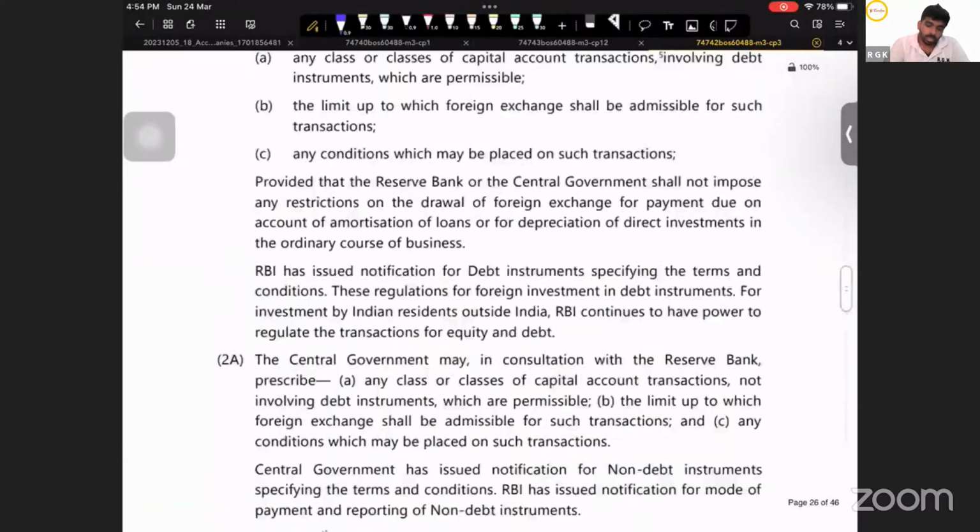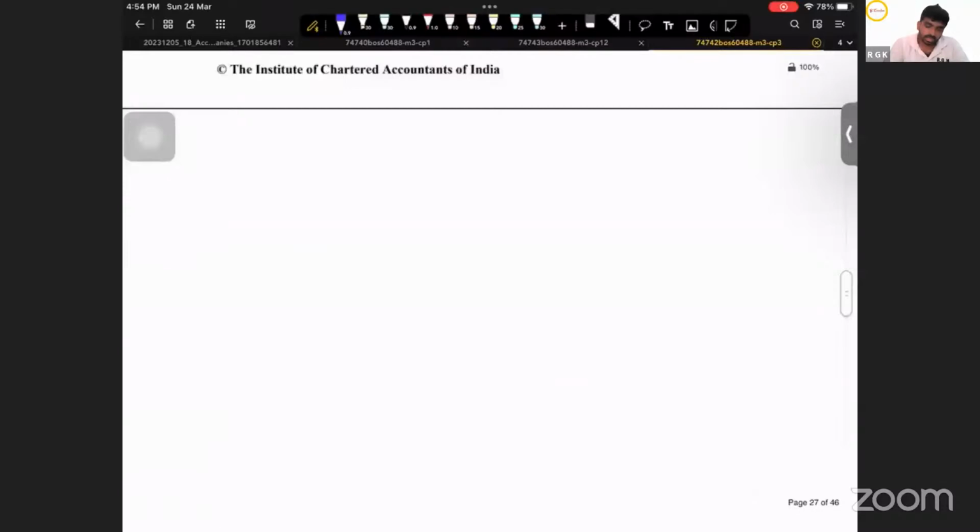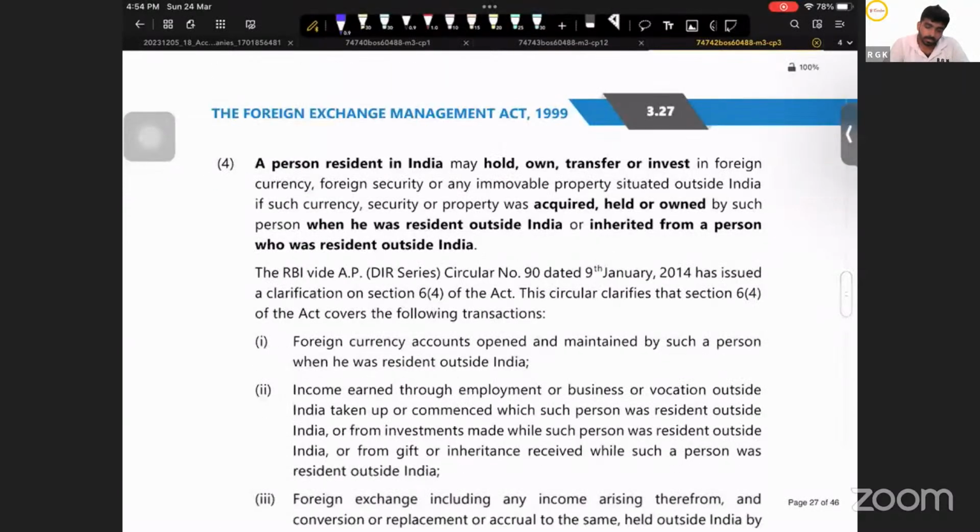Now, with respect to capital account transactions, there are certain transactions for which there are provisions.